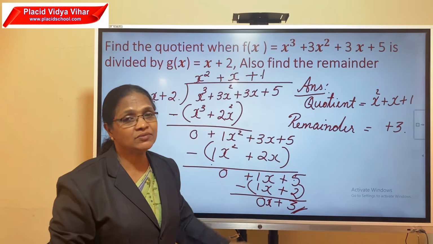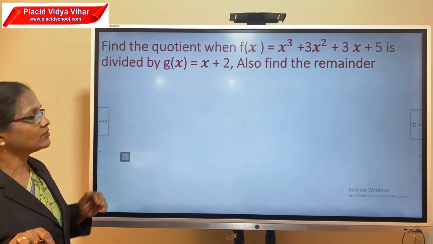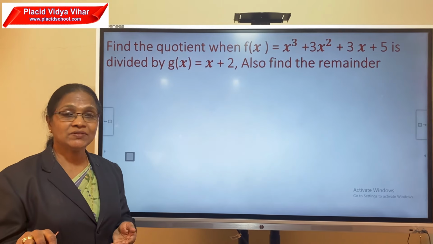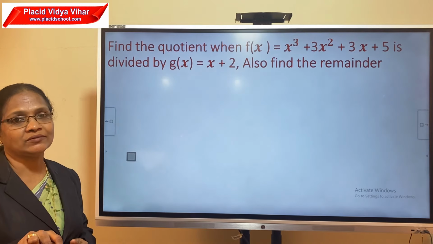Therefore, the remainder becomes 3. We can solve the question. We can find the quotient or we can do the division in another method also, by taking the coefficients alone.